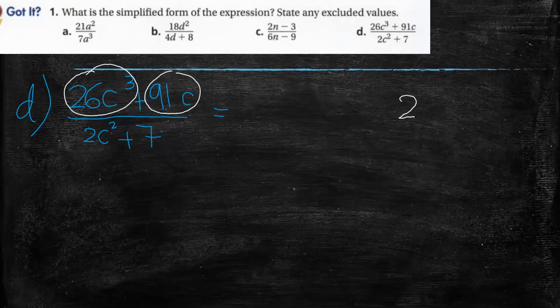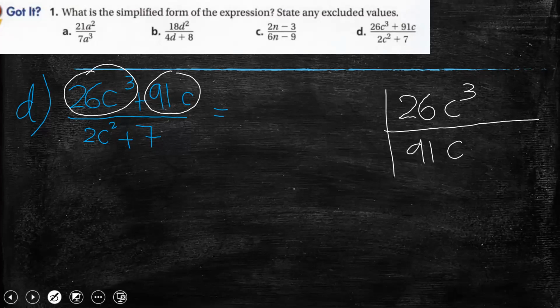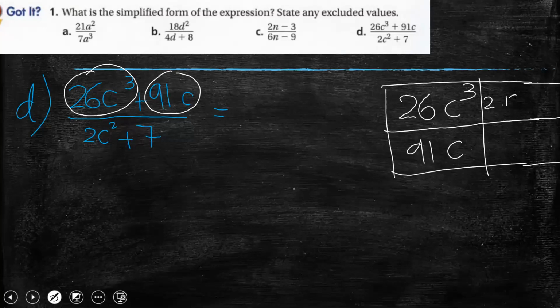Write them here. I want you to think about the factors of 26. What are the factors of 26? 2 and 13. And here we have c cubed, so that means I have 3 c's.